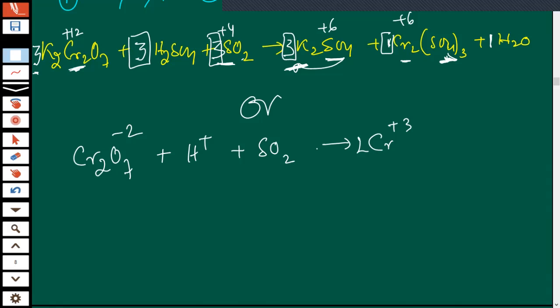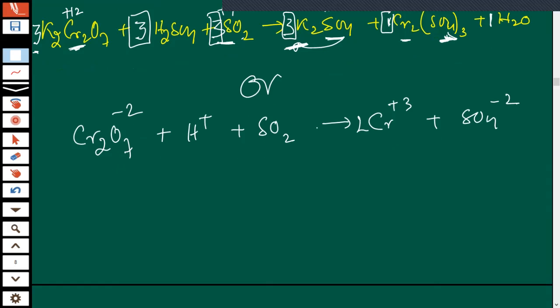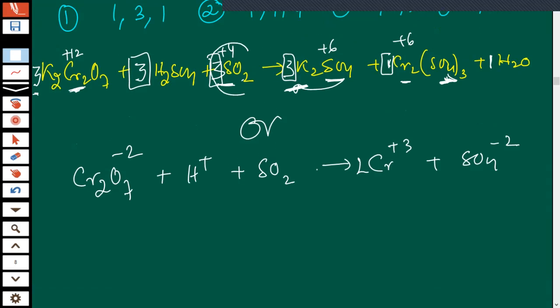Like this you have to balance. If we are not getting it properly, there is some disturbance, because we don't know whether this sulfate went to this side or this side, right? Did you understand? For that type of problem we face the difficulty.